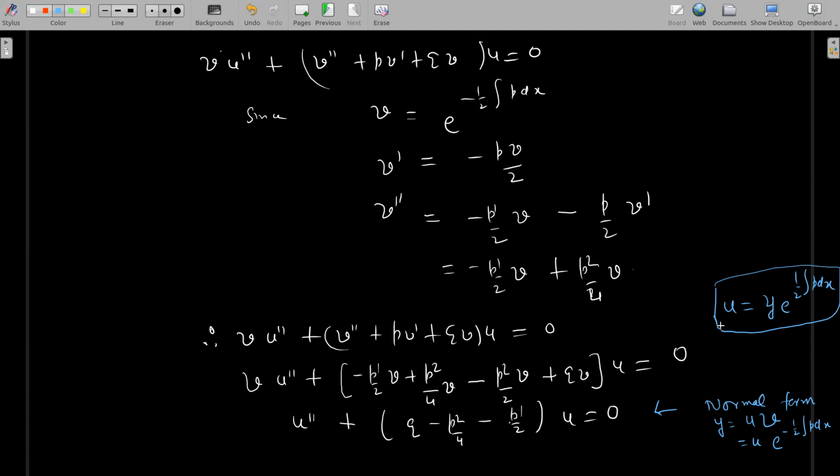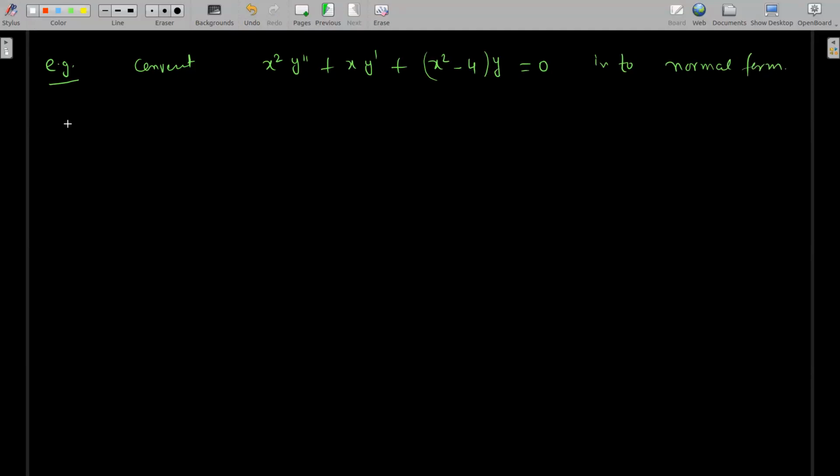Any doubt? No? This is a small exercise. Convert the equation, this is 4, into normal form. Can you give it a try?